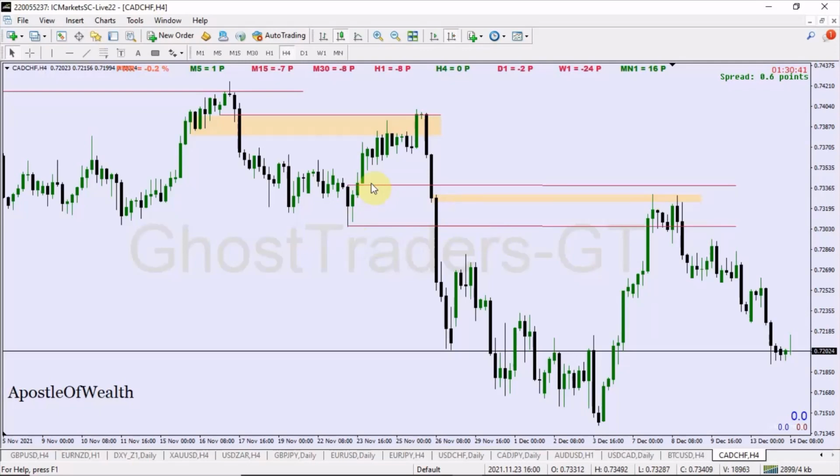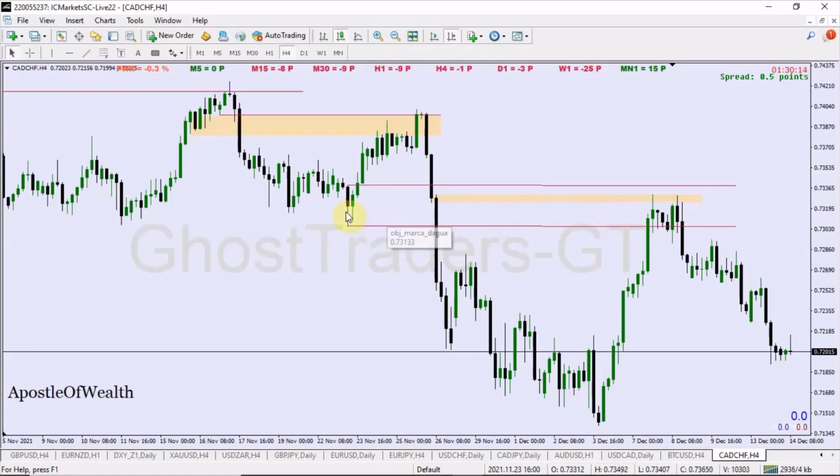But we don't expect price to go above this. That is why this is going to be your stop loss. Whenever you are looking at a breaker structure or a mitigation structure, you always take the last down candle, and the high of that last down candle is going to be your stop loss.